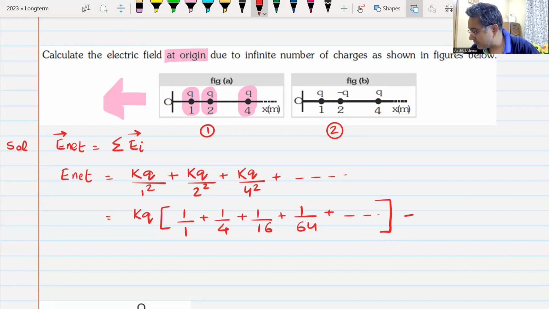Can you now give me the answer? What will be the answer for case number 1? Do you know how to find the sum of an infinite series?